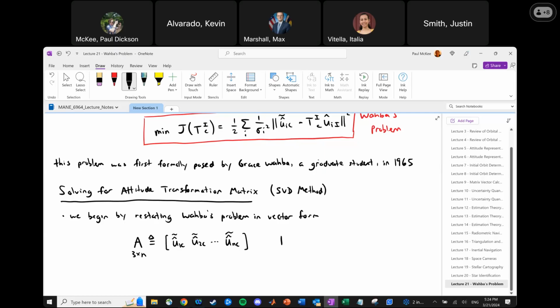And then we're going to define something called E, which is also a 3 by n matrix. And this is defined as being U1I, U2I, all the way to UNI. Okay, so these are the global directions, right? We've got the local directions, we've got the global directions, and we're also going to define a weighting matrix.